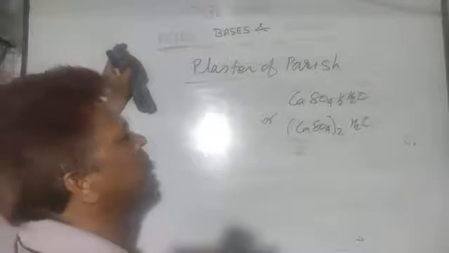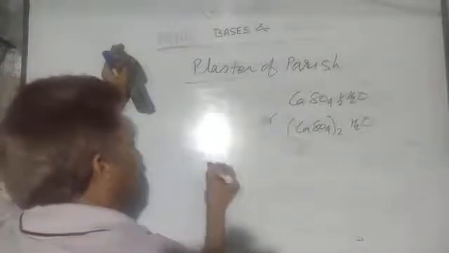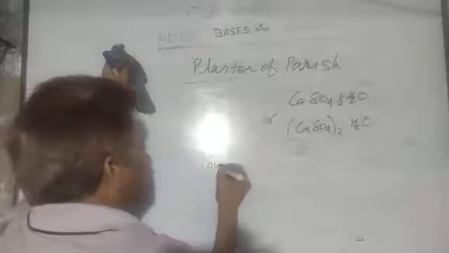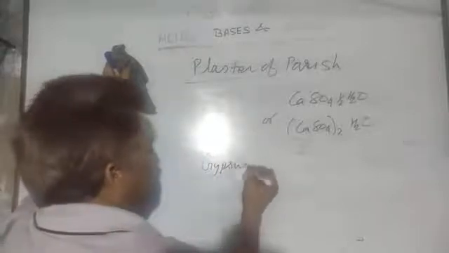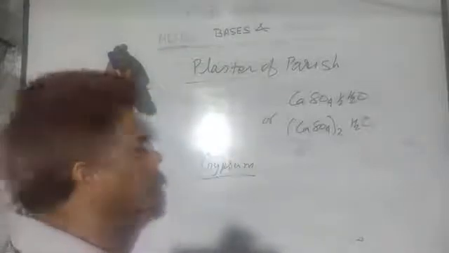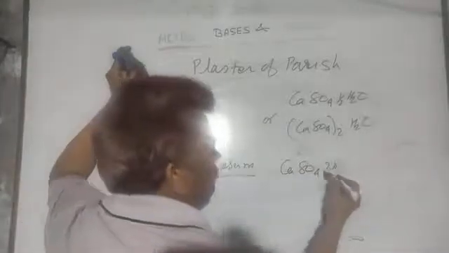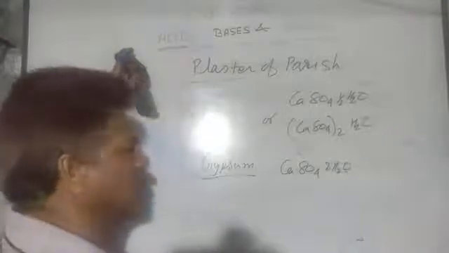So how is the plaster of Paris prepared? One compound, gypsum, is also used in cement, and that is responsible for setting the cement. Gypsum, formula calcium sulfate with 2 water molecules, meaning dihydrated calcium sulfate.